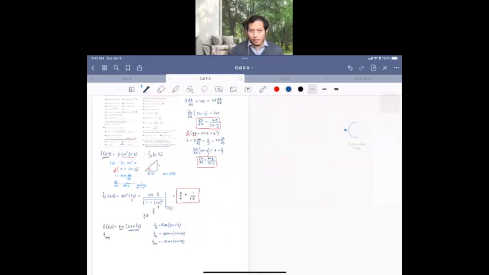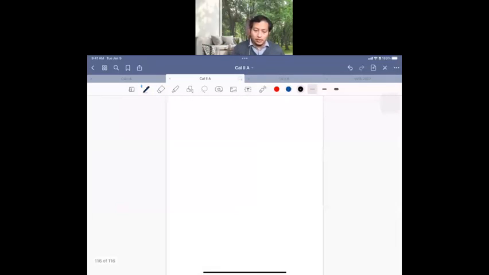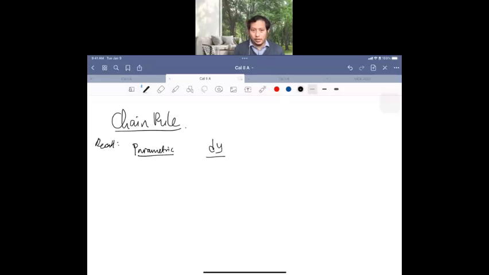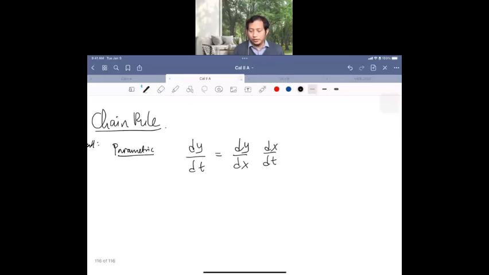So if we remember the chain rule in parametric, recall, we have dy over dt, dy over dx, and then dx over dt, and we can use this chain rule to state that dy over dx is actually dy over dt divided by dx over dt, right? If you remember chapter 10.